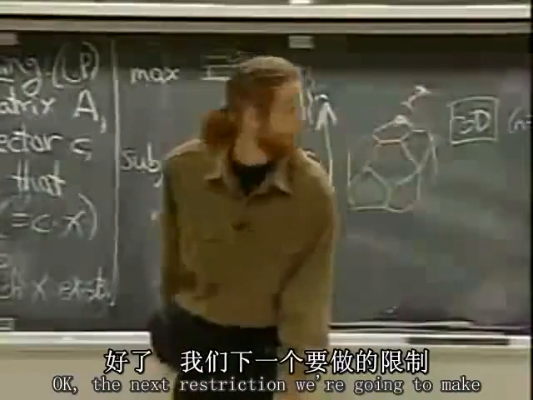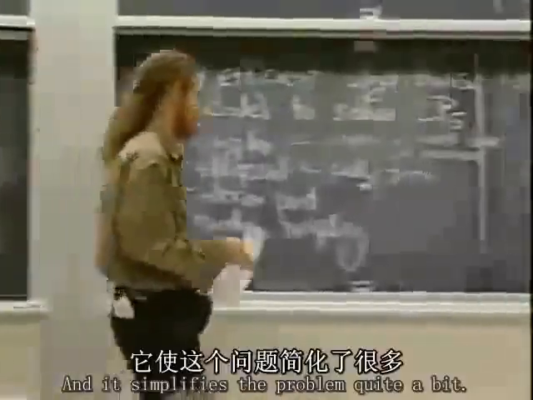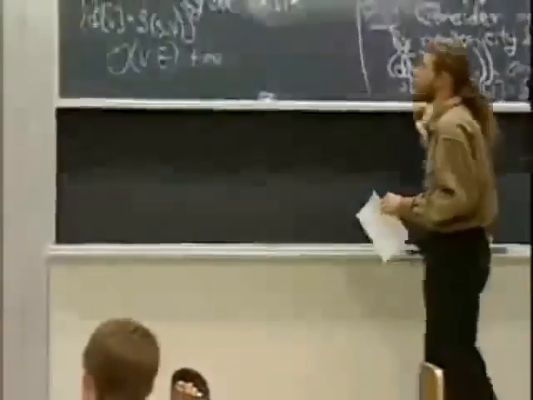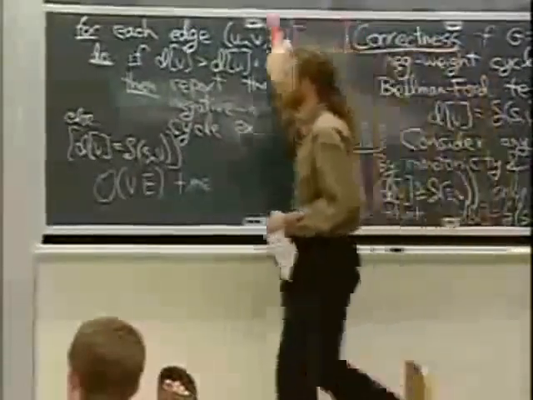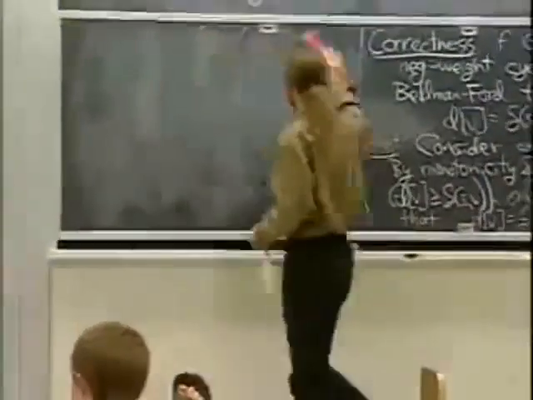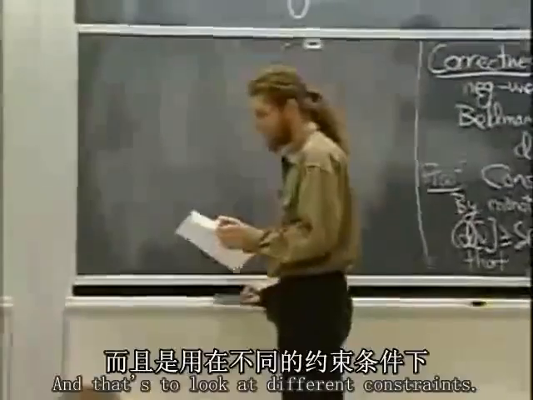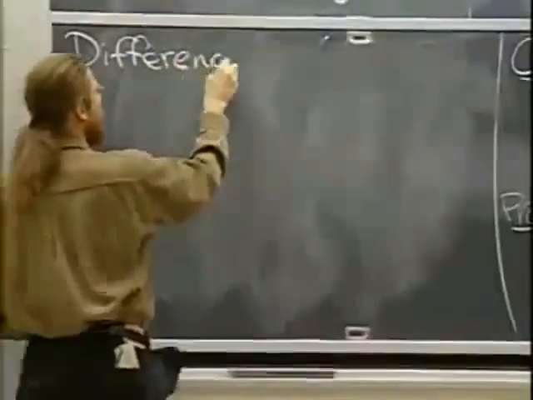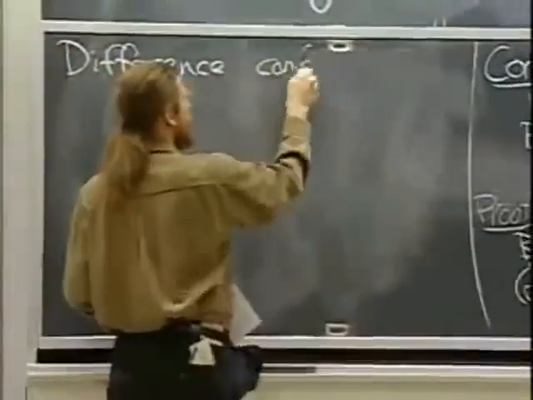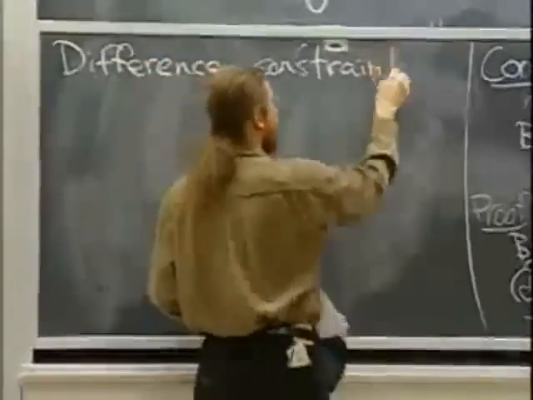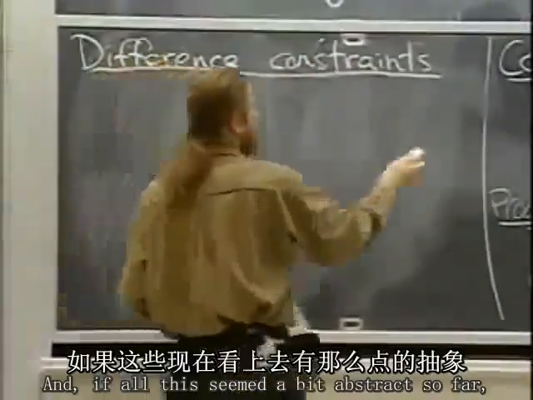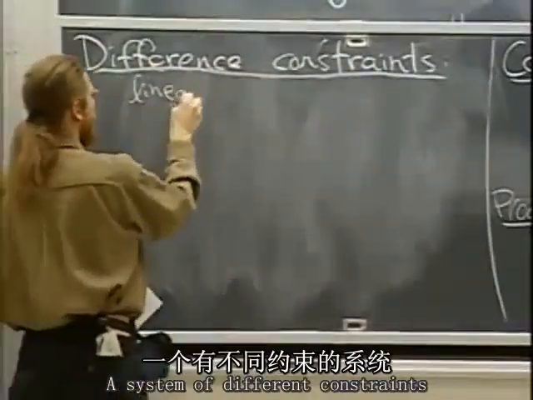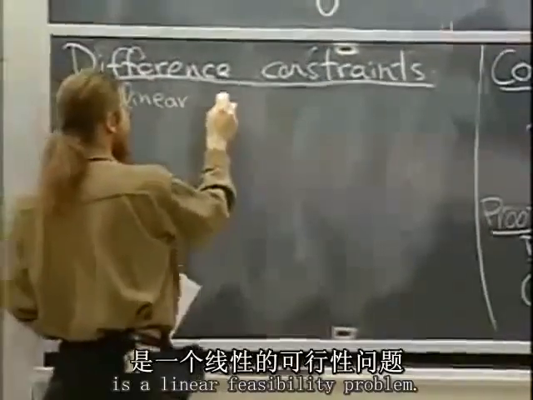Okay, the next restriction we're going to make is a real restriction and simplifies the problem quite a bit. And that's to look at difference constraints. And if all this seemed a bit abstract so far, we'll now ground ourselves a little bit. So a system of difference constraints is a linear feasibility problem.